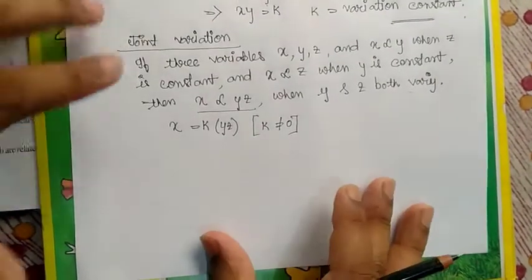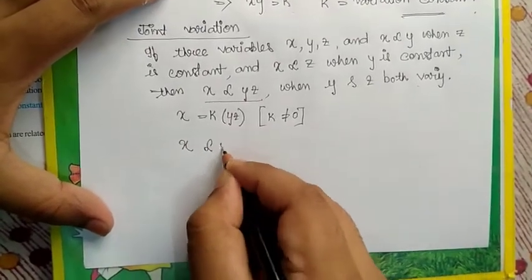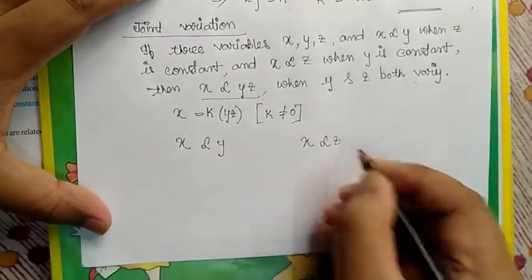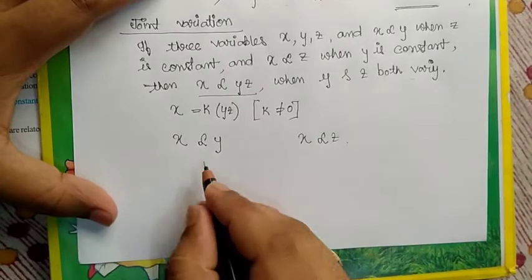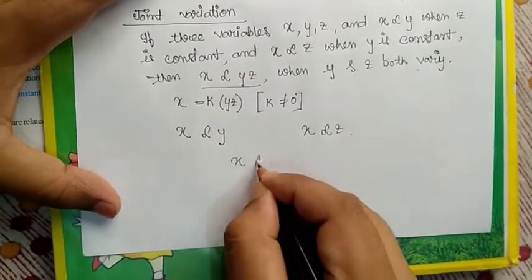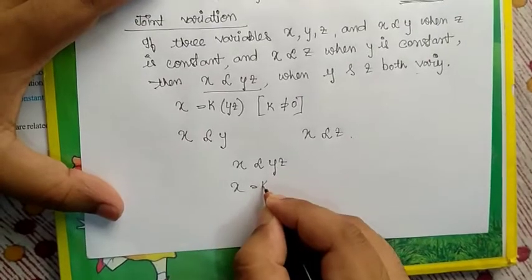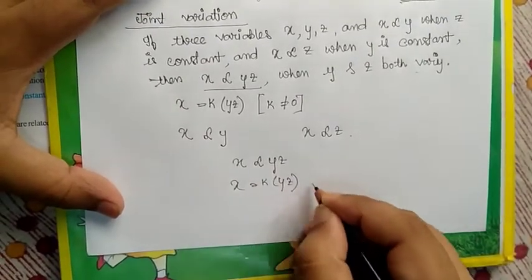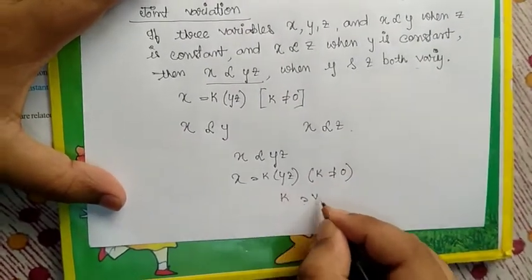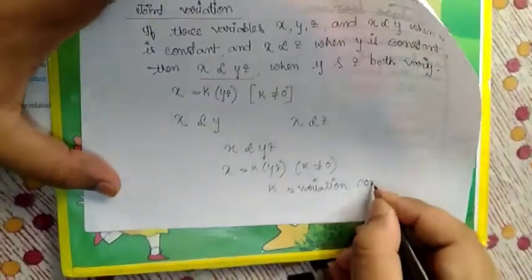It means x varies with y and x varies with z, and these two can be jointly written as x varies as yz, where x equal to kyz, k not equal to 0 and k is the variation constant.